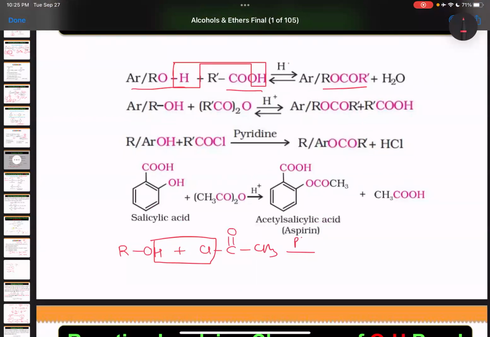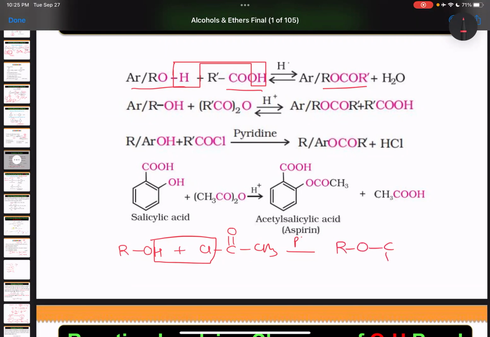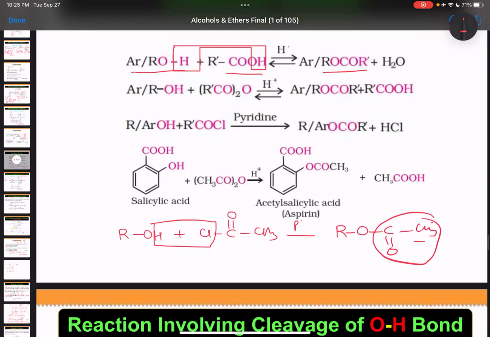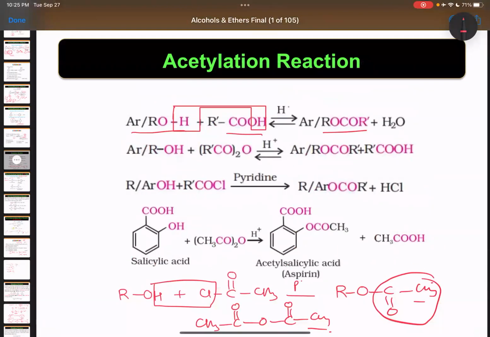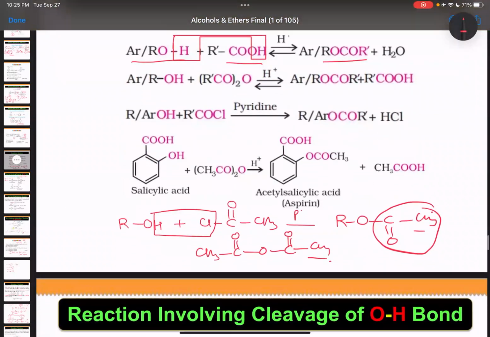So that will let you do the acetylation of alcohol. This is acetyl chloride. Or you can use acetic anhydride also. Clear? Yes, sir. This is the main thing. Okay.